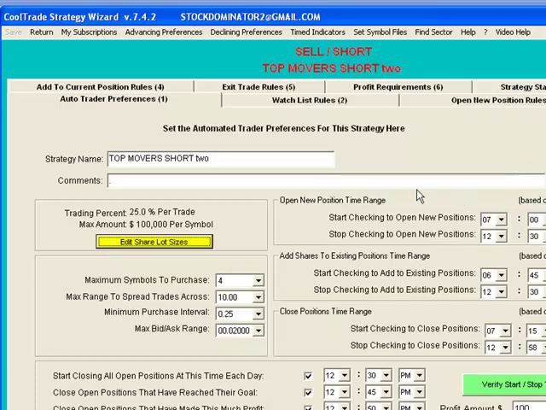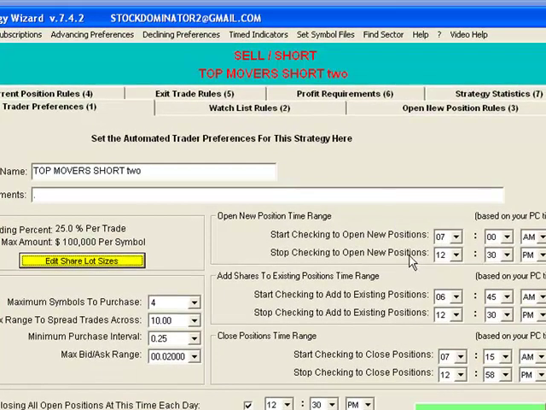And also right here, the times of the day that you will trade. This strategy only opens positions between 7 and 12:30. It will only add between 6:45 and 12:30. 6:45 you can just disregard because I haven't opened anything, but anytime after that, 7:01. But I'm not adding in this strategy anyway.